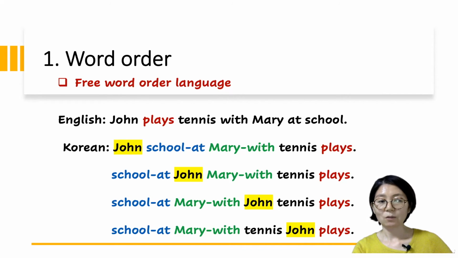Or 학교에서 메리하고 존이 테니스를 친다. Or even we could say 학교에서 메리하고 테니스를 존이 친다. As you can see here, we can put John any place as long as it's not put at the end of the sentence.